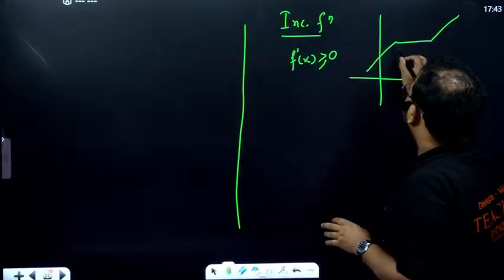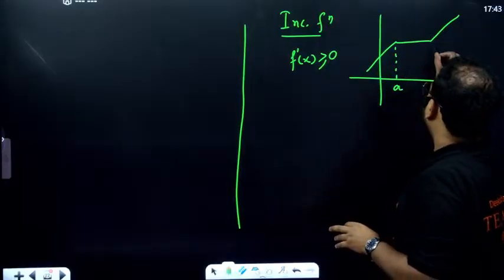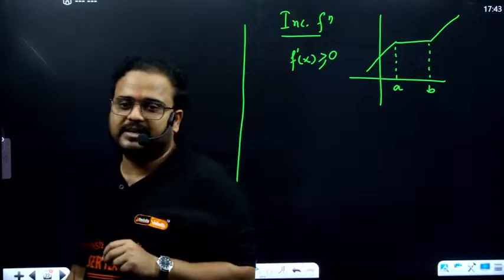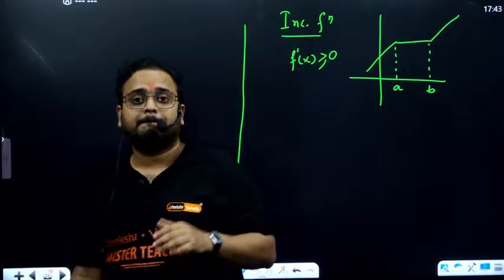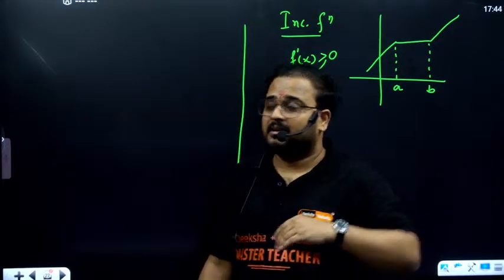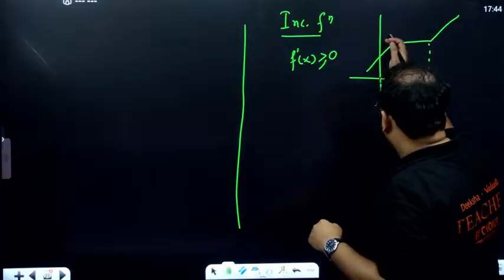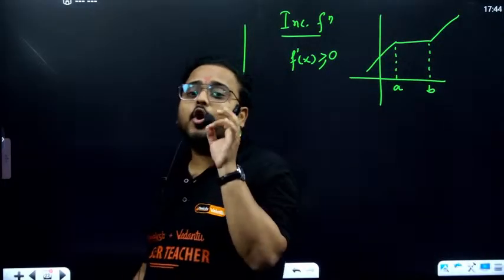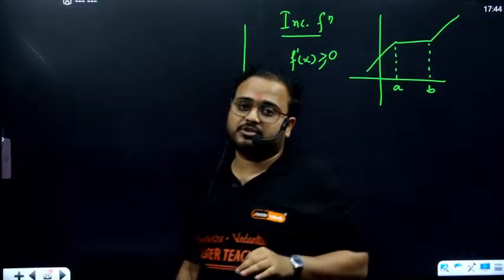It became constant from the point, let's say, A to B. From point A to B, the graph is constant, having the same value, but it is not decreasing. It increased, remained the same, then again increased. This is called either an increasing function or a non-decreasing function.